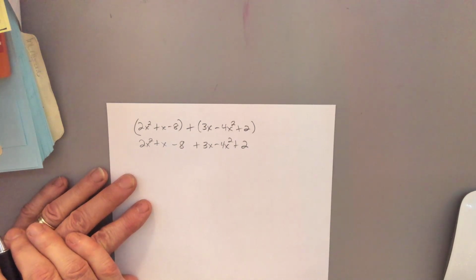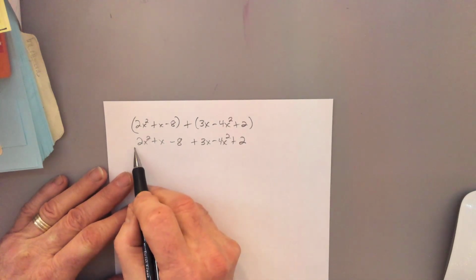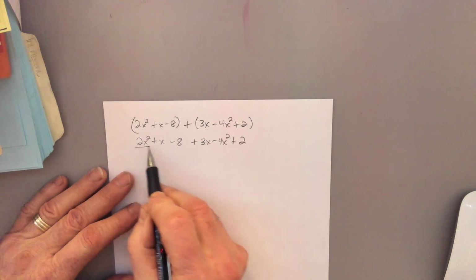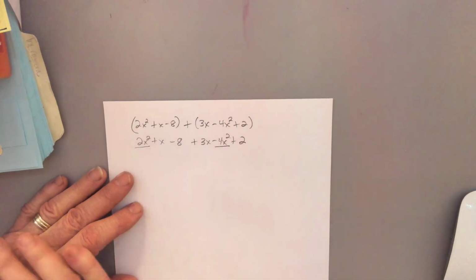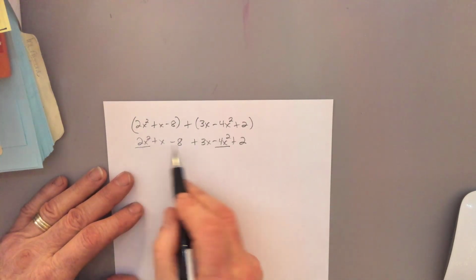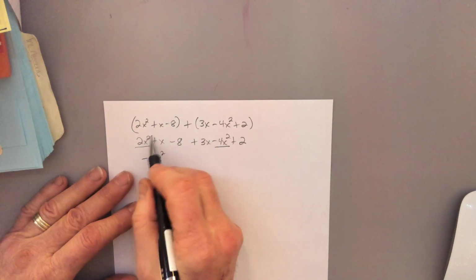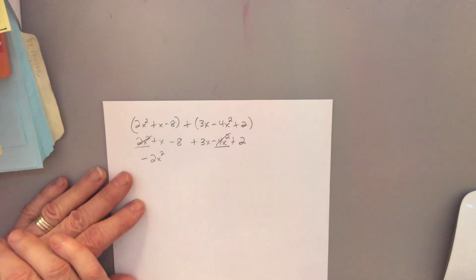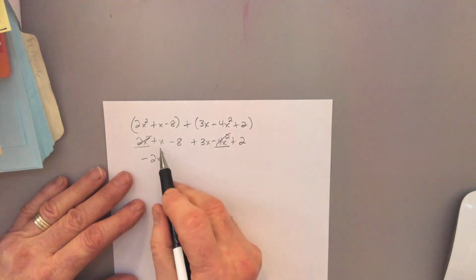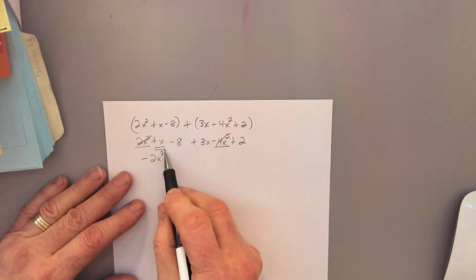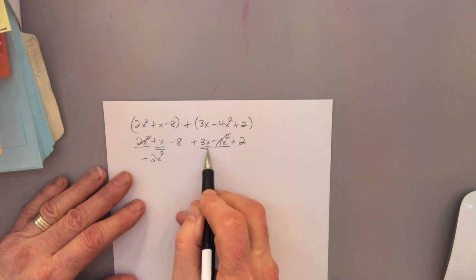And now what we want to do is combine like terms. So I start out, the first term is 2x squared. I have another x squared term there. If I've got 2 of them and I take 4 of them away, that's a minus 2x squared. Cross those off because I've used it. Got an x. Here's another x term, right?